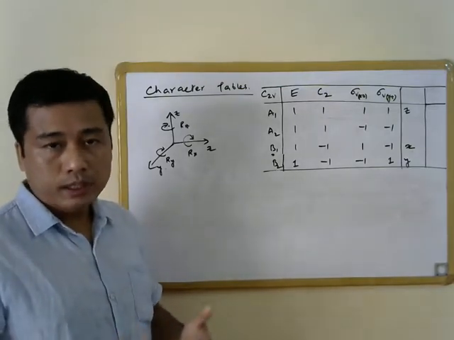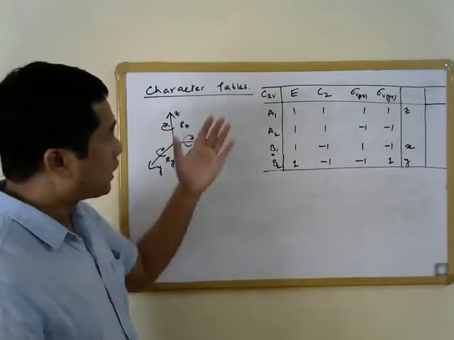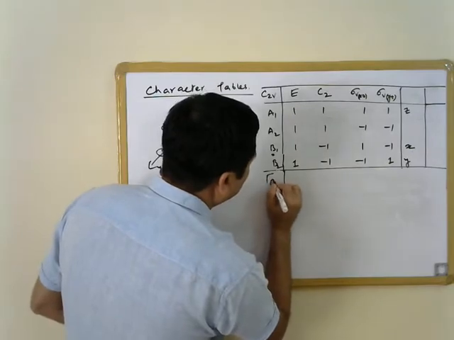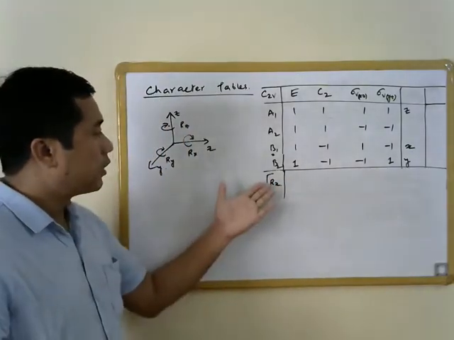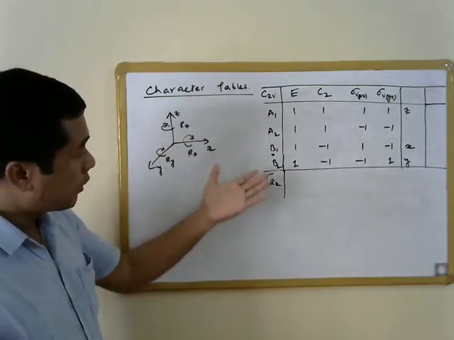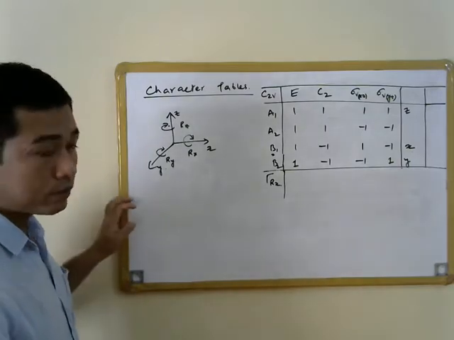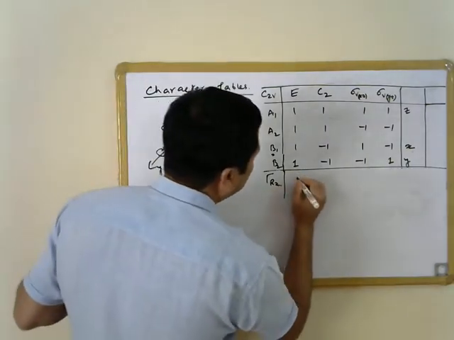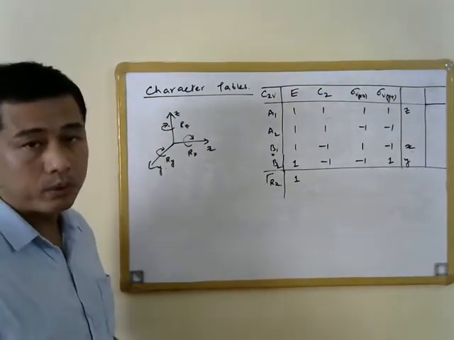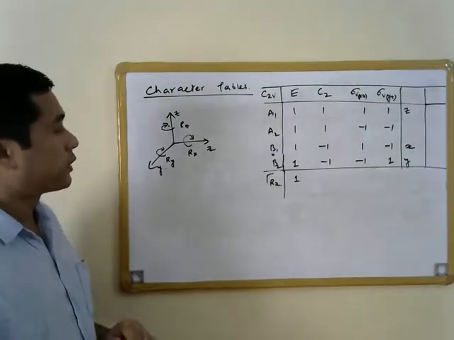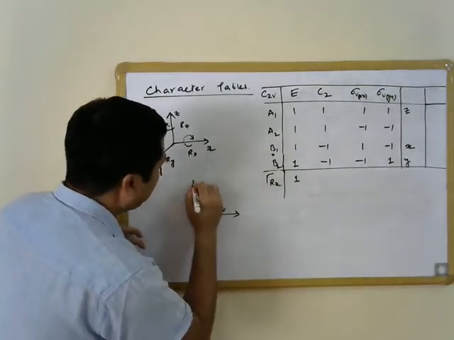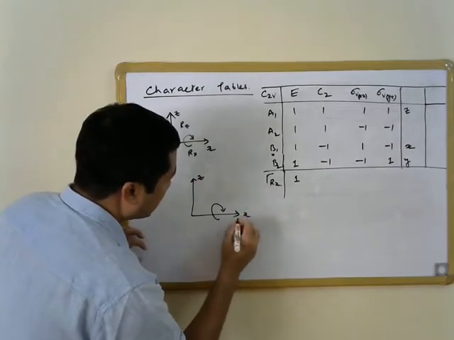Now we will see how these rotational vectors transform under the C2v symmetry, and we will again take gamma Rx. When we take the rotational vector Rx as the basis, what representation are we going to obtain? That is what we are going to find out here. When you do the identity operation, of course the vector does not change direction, and we will have character equal to +1. Now when you do the C2 symmetry operation, C2 is along the z-axis, and this is your Rx, this is your z, this is your x vector.